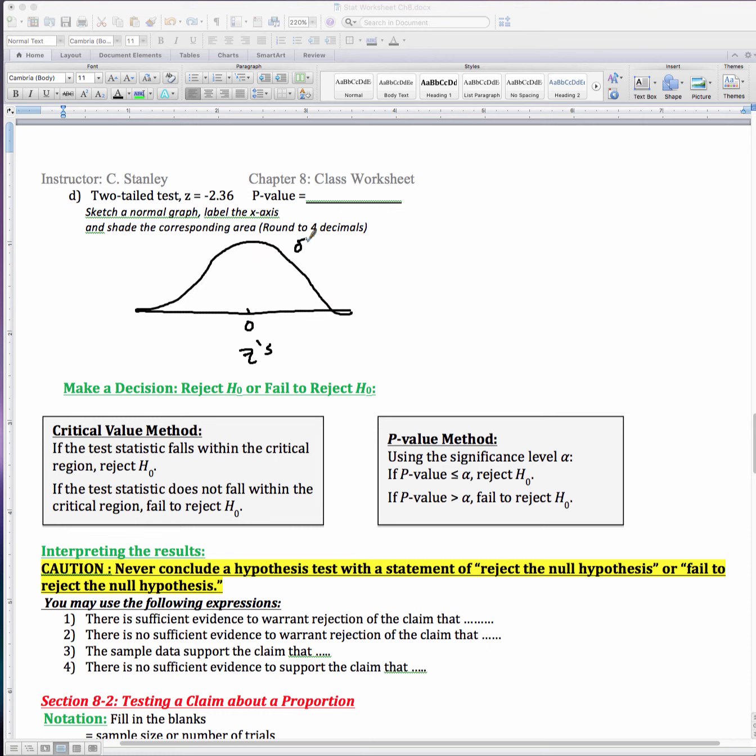That's 0, and this is 1. Negative 2.36 is over here. So I drive up, shade this part right here, and I'm looking, is this two-tailed? Yep, this is two-tailed. So then I have to come over here to 2.36. And two-tailed is when your H1 is a not equal to. So I have to find this. We could find either one. Let's find this one right here and times it by 2.